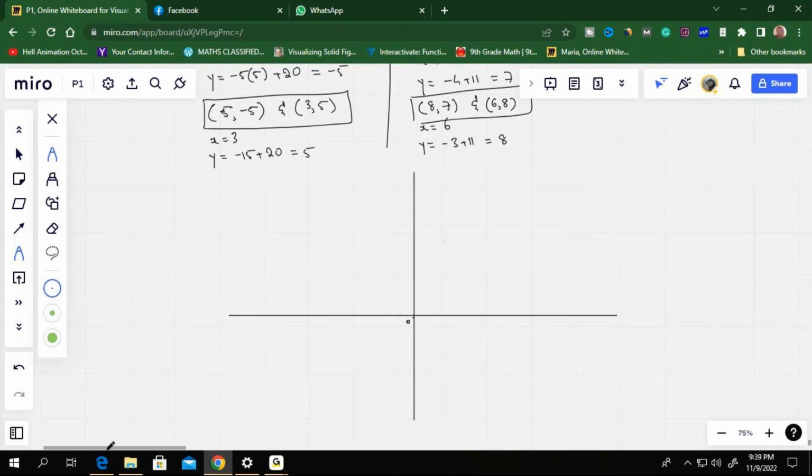Let's sketch the points. I need 8 values on the positive x-axis. The maximum value of x that I can see here is 8. I can take half centimeter equals 1 unit to pick up all the 8 values in a 4 centimeter length.